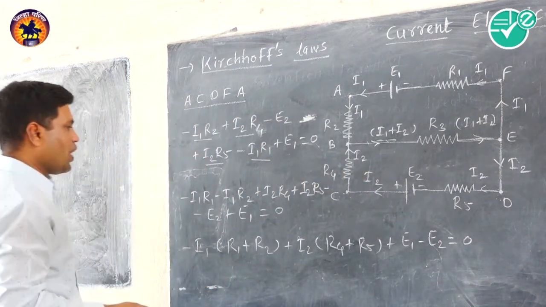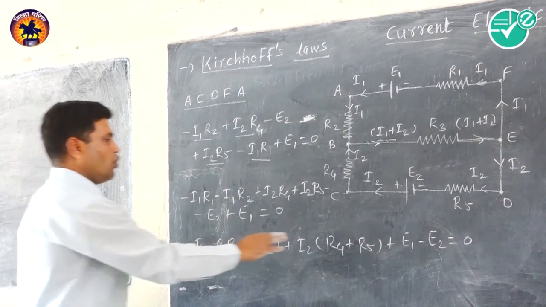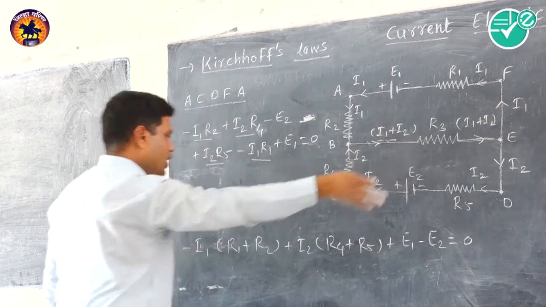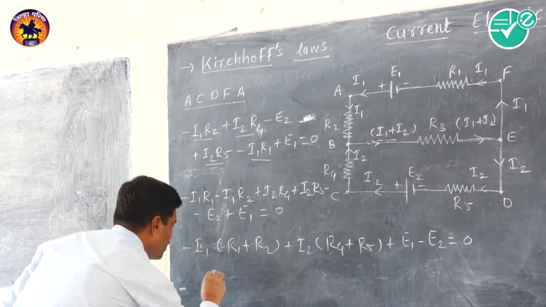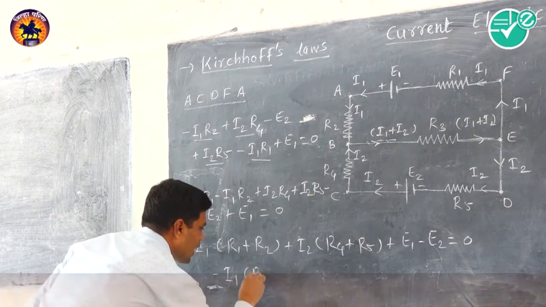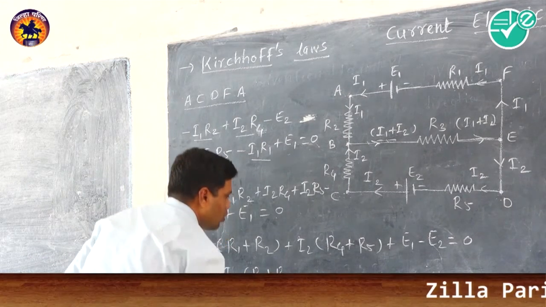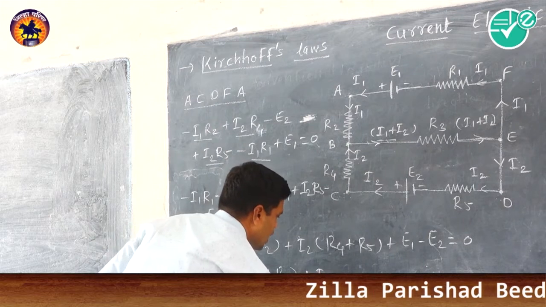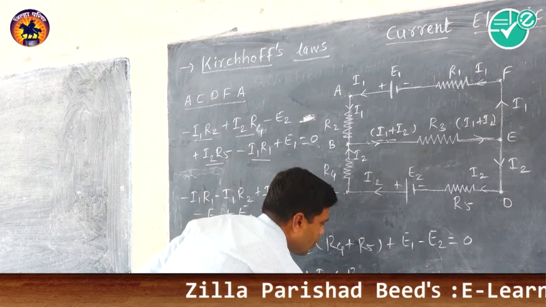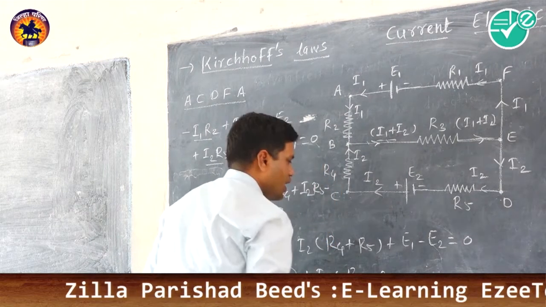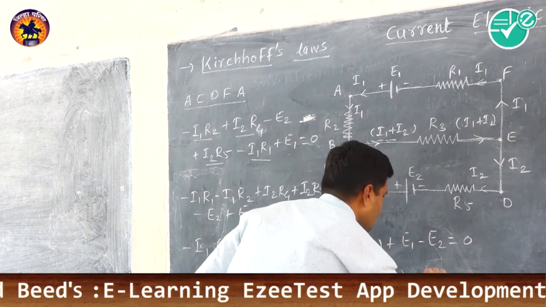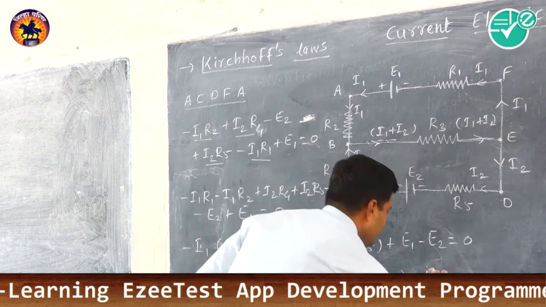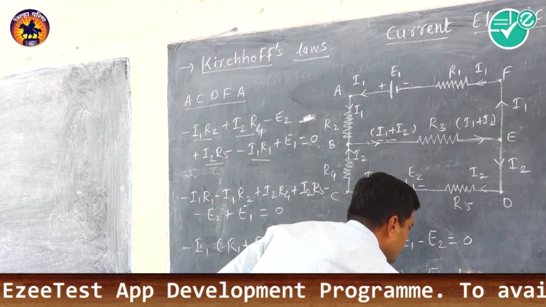Or you can put E1 and E2 on the other side, which is also okay. So we can write minus I1 times R1 plus R2, plus I2 times R4 plus R5, equals E2 becomes plus on the other side and E1 becomes minus.